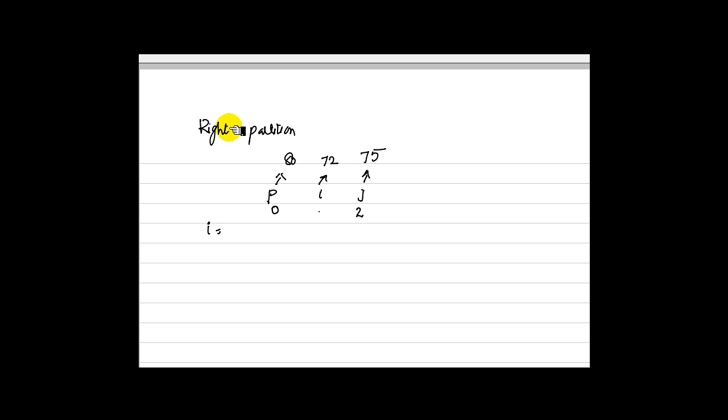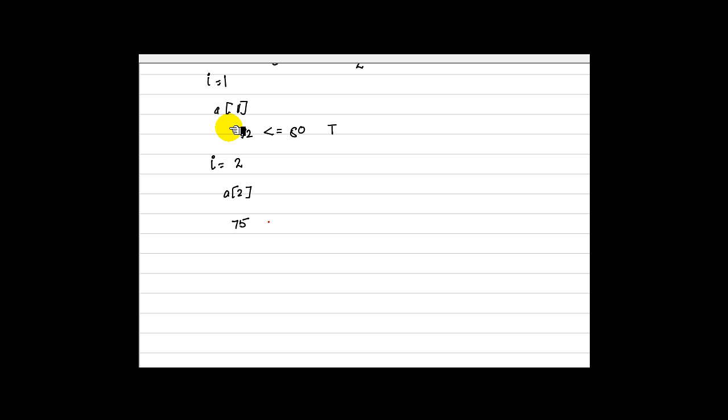Now i is equal to 1 checks whether a of 1 is less than or equal to the pivot element 80. A of 1 is 72. So 72 less than or equal to 80, it is true. So i gets incremented by 1, so i is equal to 2. A of 2 is 75. 75 less than or equal to 80, it is true.